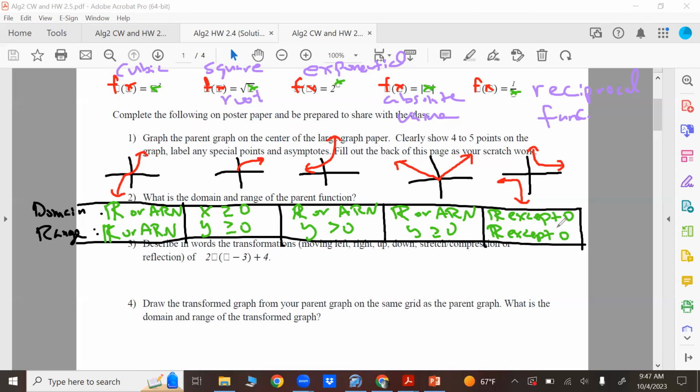Now, describe in words what happens when we do all these changes. So here's what's happening in general terms. Describe generally what happens.